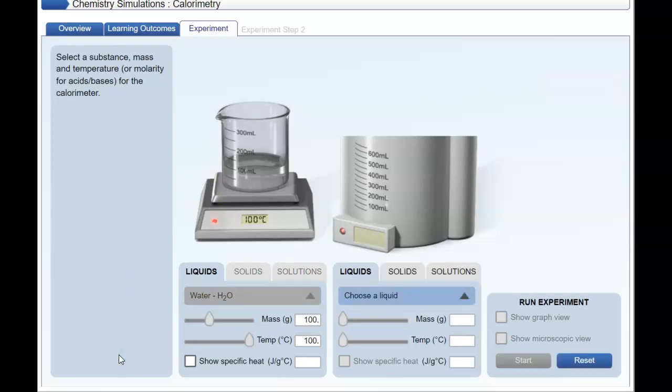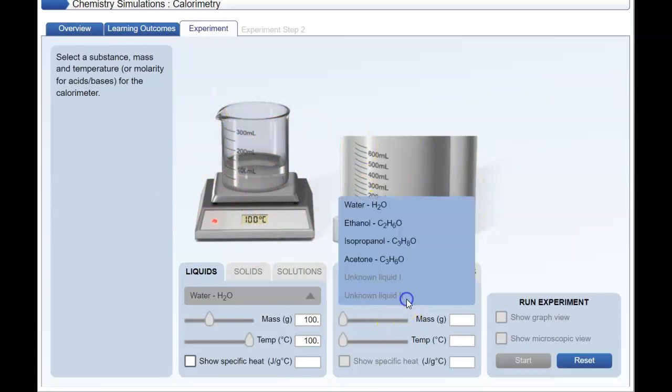Now what we have to do is move forward to your calorimeter while the water here is being heated up. In our calorimeter, we have to choose a different liquid as a way of comparison. So we choose ethanol because that's the most common thing here.